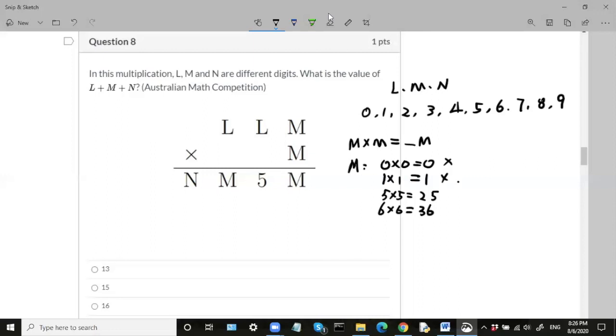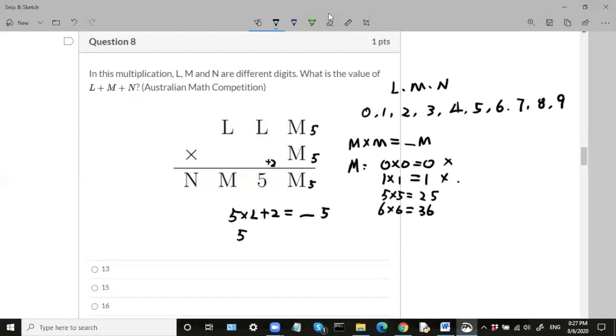Let's check 5 first. Say M equals 5, so then we have 25, and we carry 2 here. Then we multiply by L, so 5 times L plus 2 should end in 5, so the unit digit is 5.